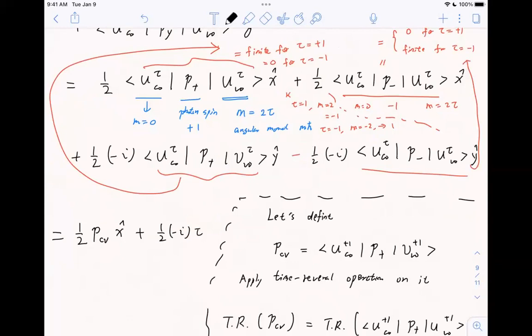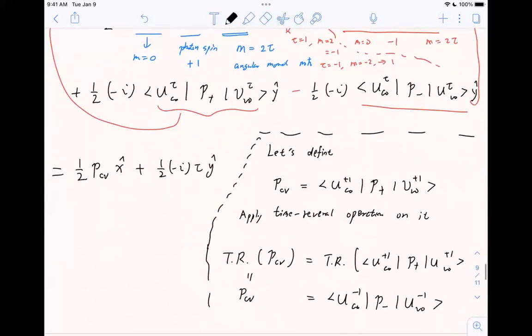When it's minus, you're going to pick up this minus sign. So I just use a tau. Tau is minus. So this will be like this. Can you follow? Yeah. Okay.